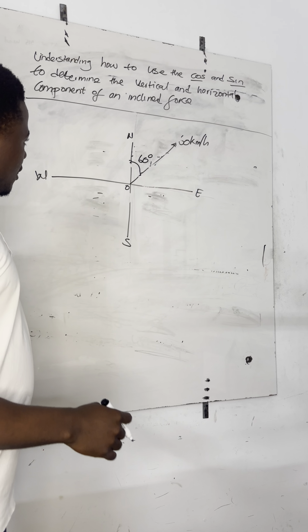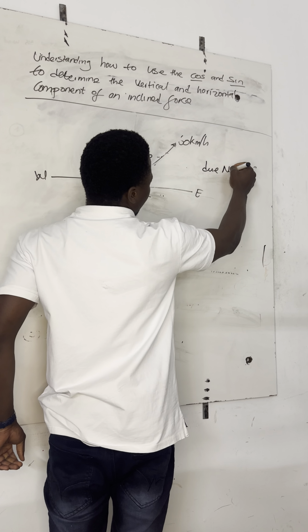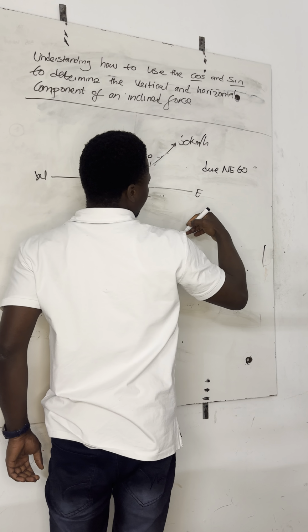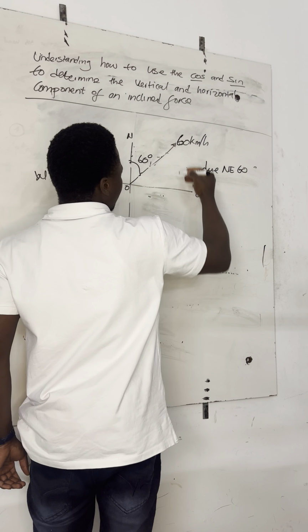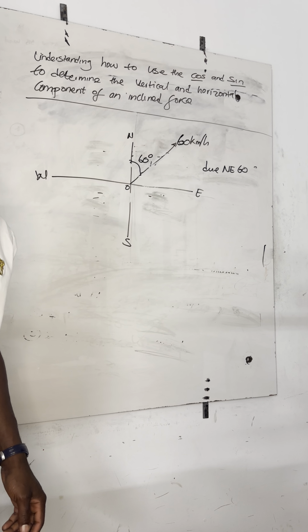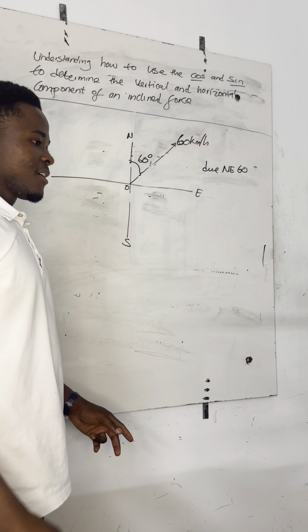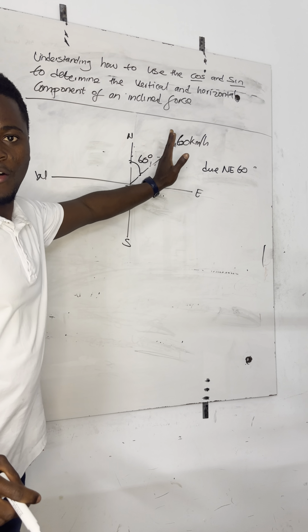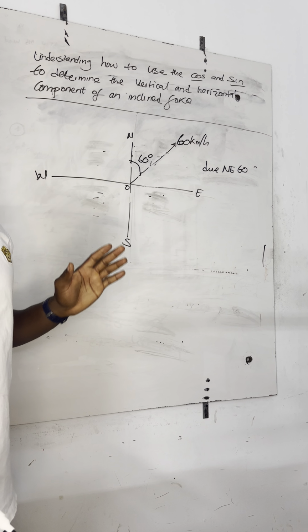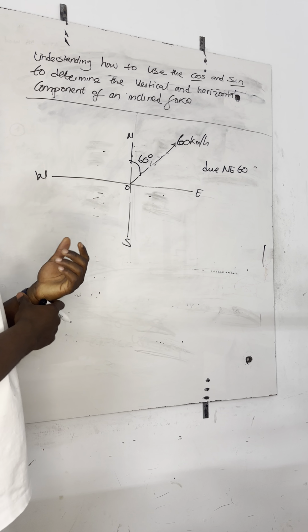Let's say it's moving due northeast at 60 degrees, and we have to calculate how fast the object is moving due north and how fast the object is moving due east. Mind you, we have not changed the angle of the object, or maybe the projectile or the force.